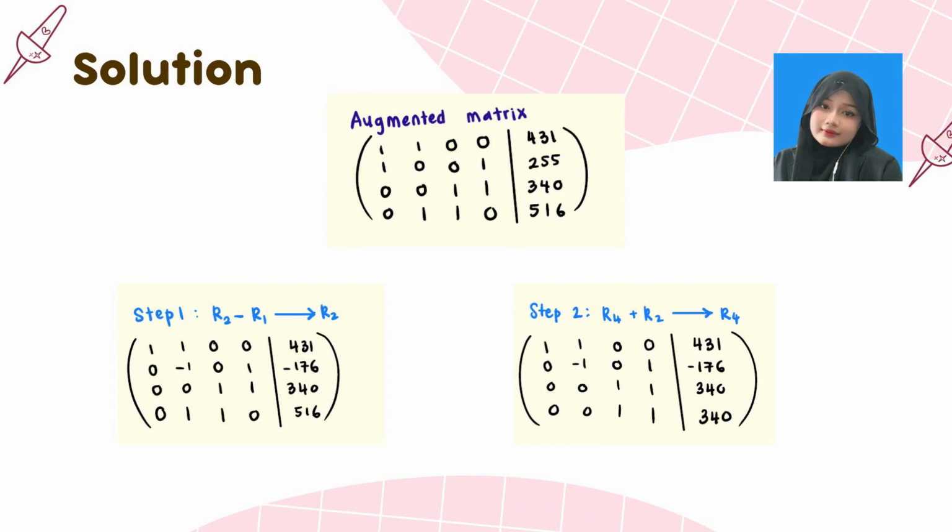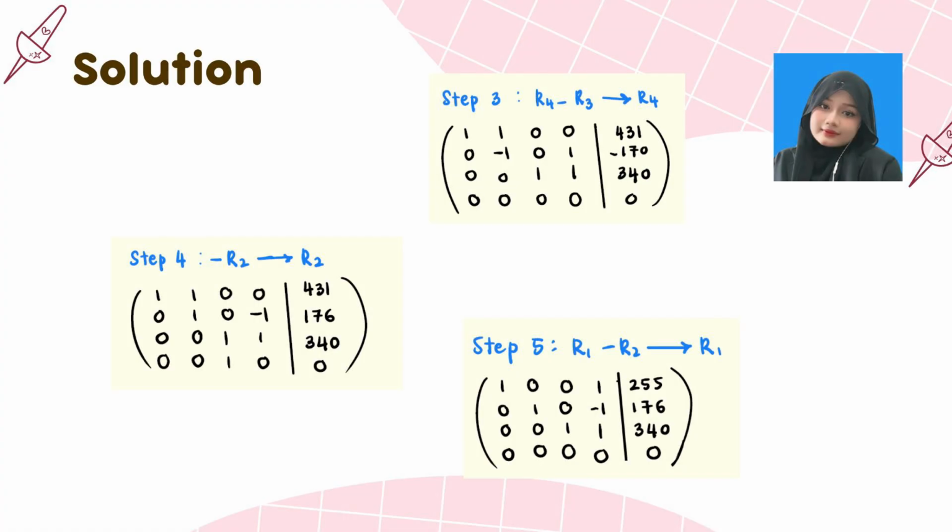So first, from the augmented matrix form that we have formed before, we need to take row 2 and subtract row 1. And then step 2, we need to take the fourth row and add row 2 to it.